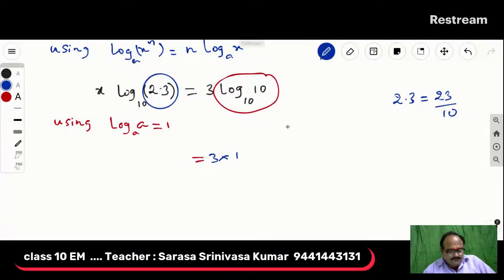So on the left hand side we can write it as x multiplied by log 23 by 10 to the base 10.